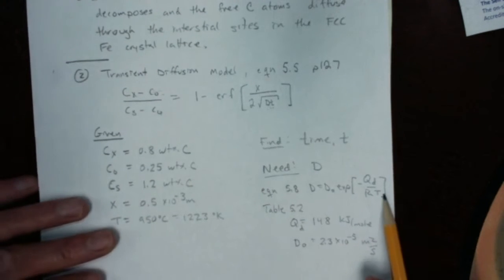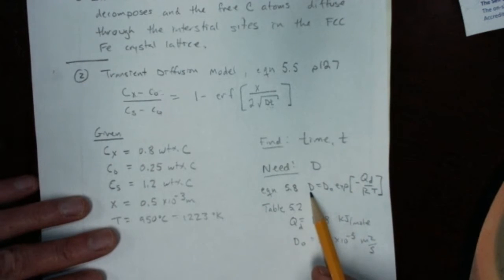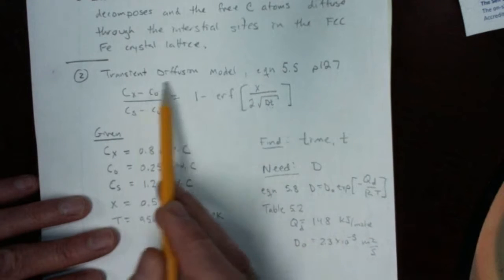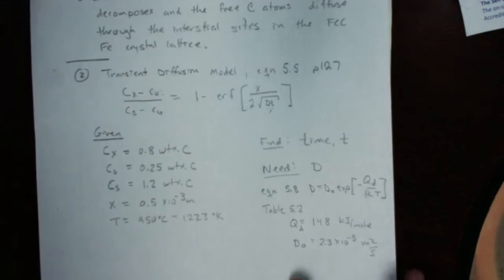So if I know T and R and QD and D0, I can find D. That gives me everything I need to find time t. So let's start with the solution now.